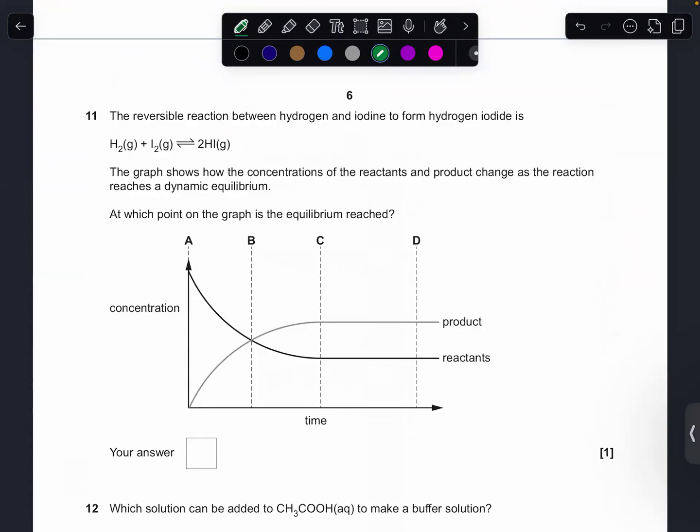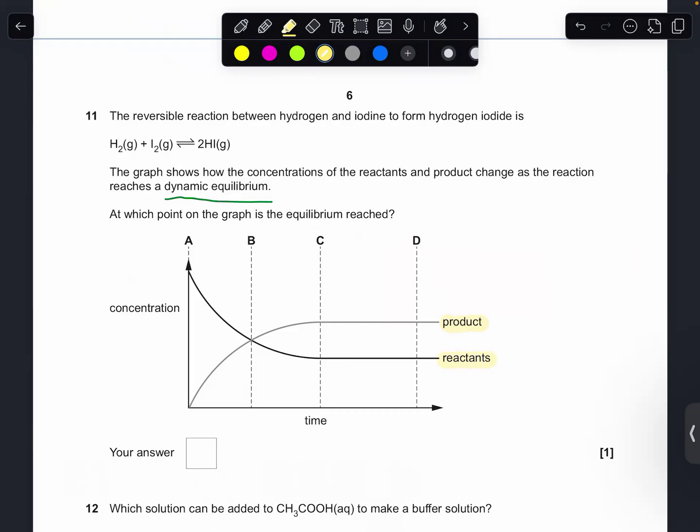This is an equilibrium question. The graph shows how the concentrations of the reactants and product change as the reaction reaches dynamic equilibrium. At which point on the graph is the equilibrium reached? One of the features of dynamic equilibrium is that the concentration of the products and the concentration of the reactants remain constant.